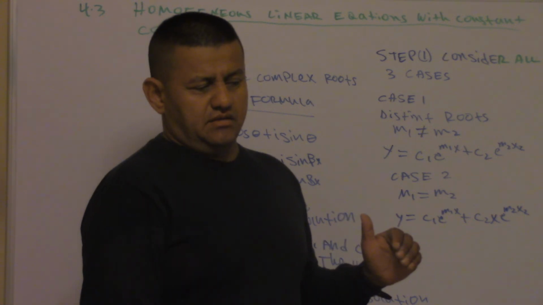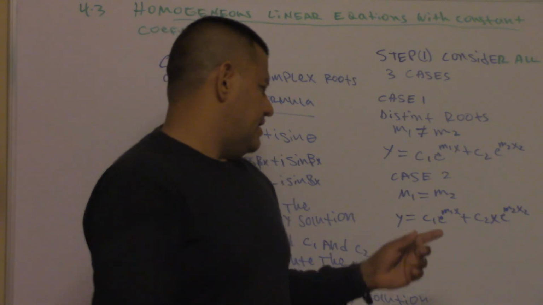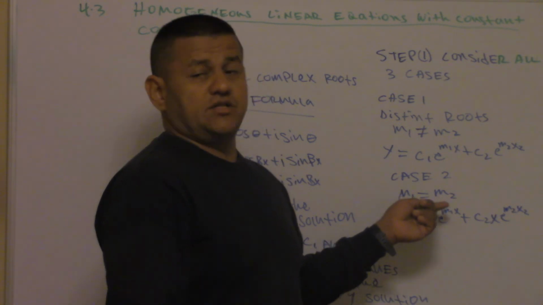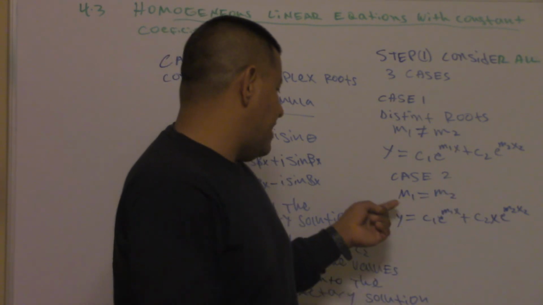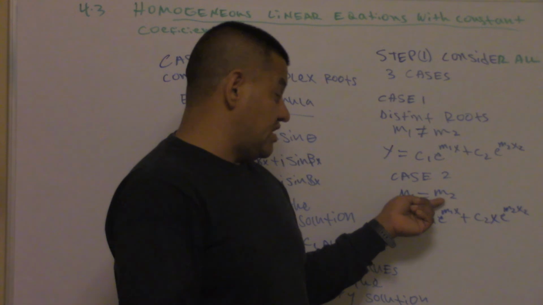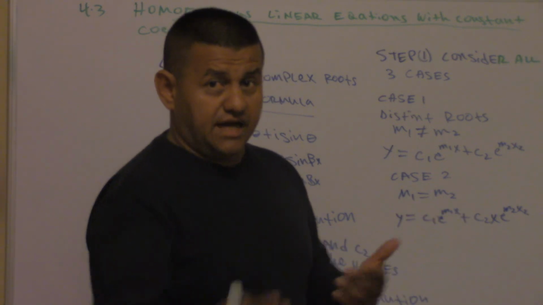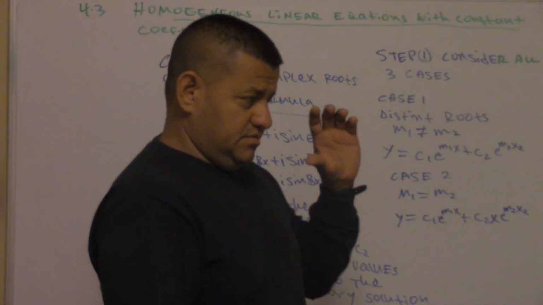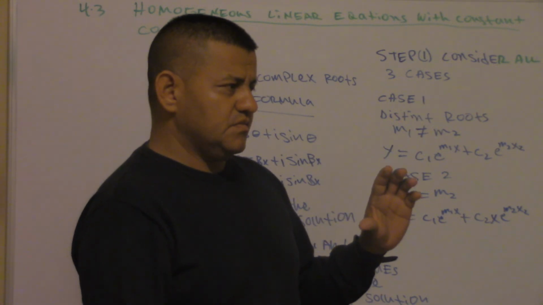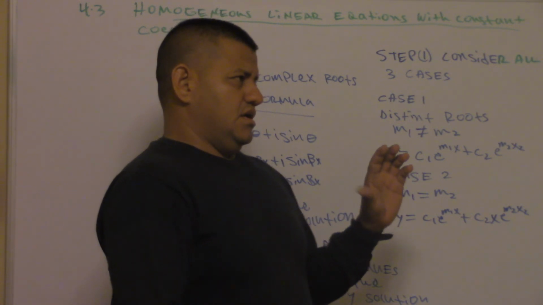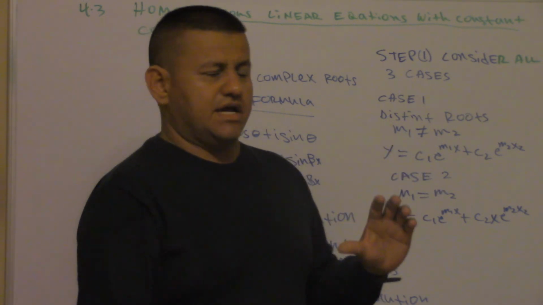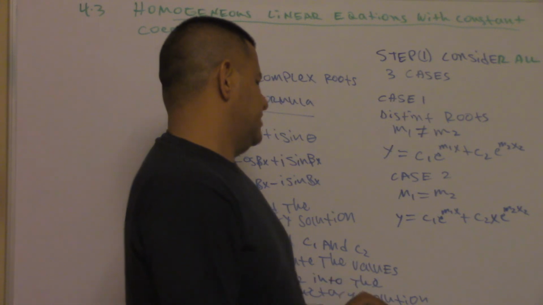This means that if m1 equals 2, m2 has to equal 2. But if m1 is equal to negative 2 and m2 is equal to 2, then the roots are not the same. They have to be equal in both the value and also the sign.